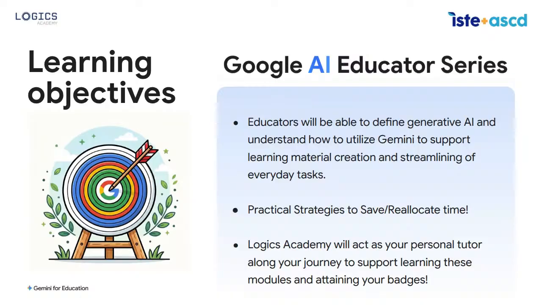We want to give you practical strategies to save, and we use the word reallocate time because we know saving time is great, but putting it towards what you can use more purposefully, whether it's working with students or interacting with other humans, is the goal. And us at Logix Academy, we will act as your personal tutor along your journey to support these modules and in attaining your badges through this program.